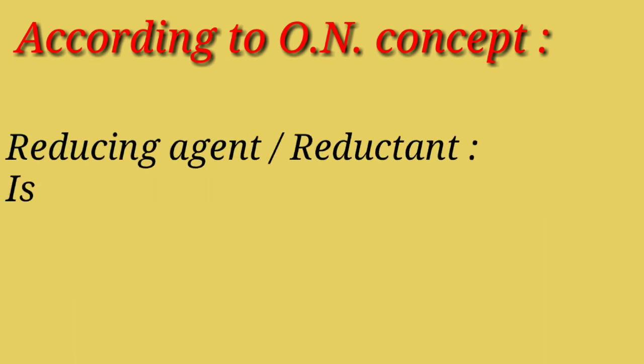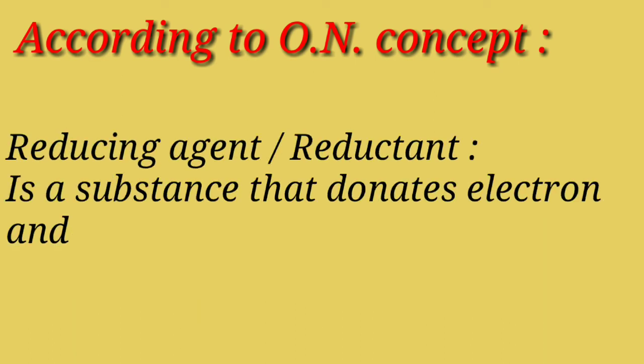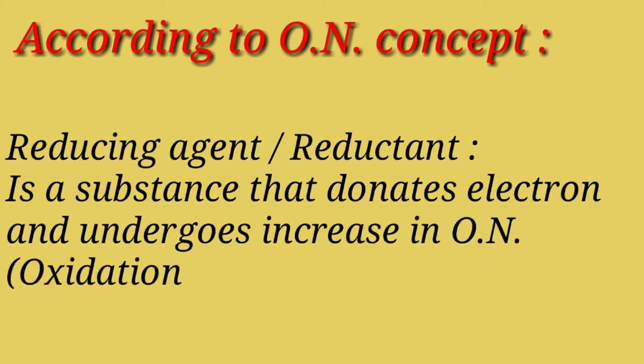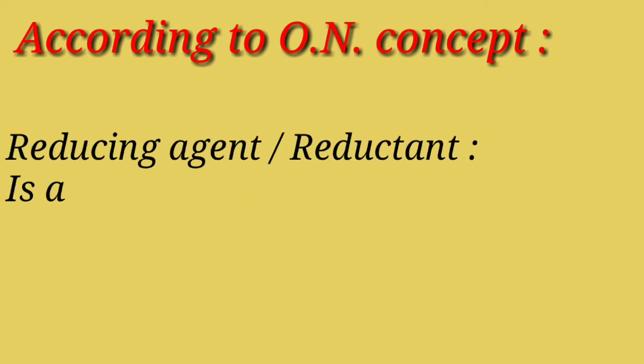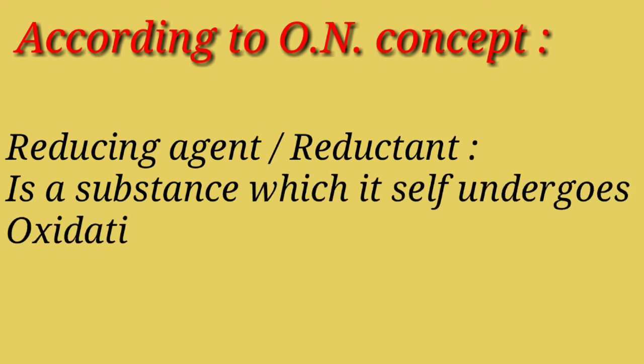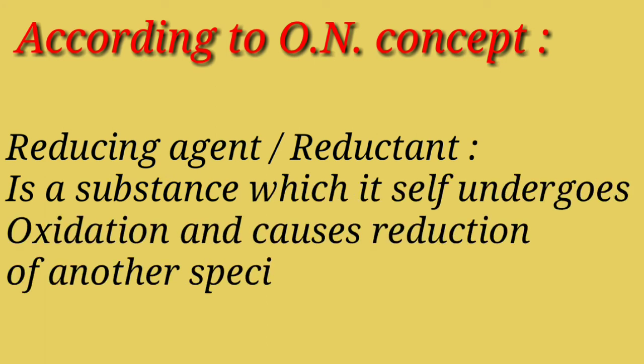A reducing agent or reductant is a substance that donates electrons and undergoes an increase in oxidation number, that is, oxidation. Or we can also say that a reducing agent is a substance which itself undergoes oxidation and brings about reduction of another species.